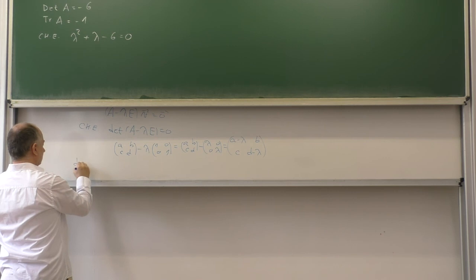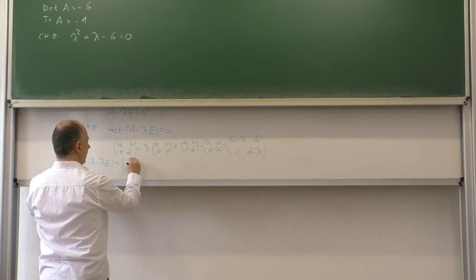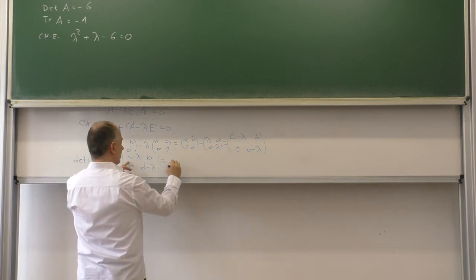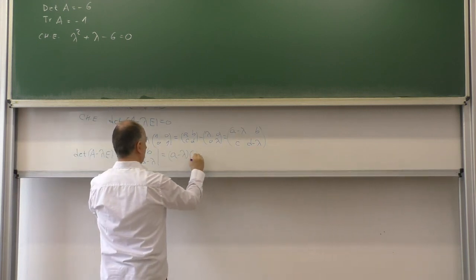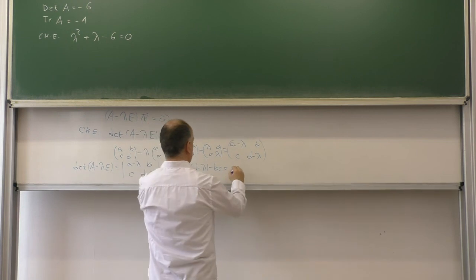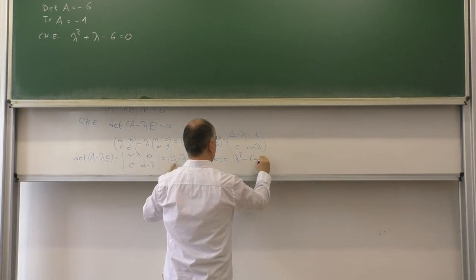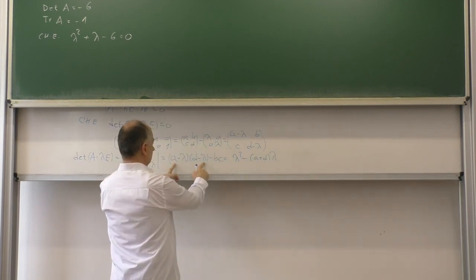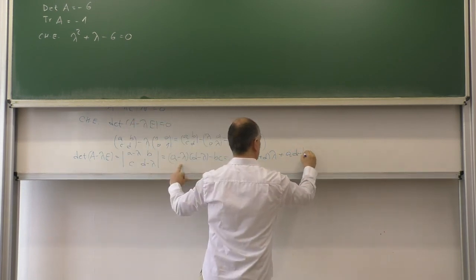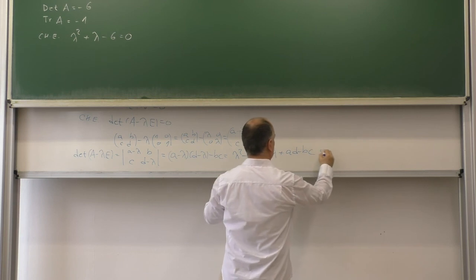So the determinant of A minus lambda E is A minus lambda times D minus lambda minus BC, which is lambda square minus A plus D lambda plus AD minus BC. And we want this to be equal to 0.